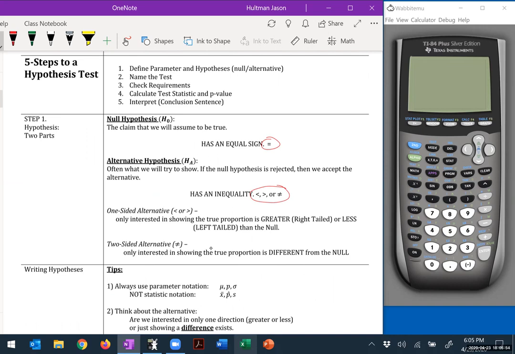If what's being asked is whether the proportion or the mean is greater than, we use the greater than symbol. If it's less, we use less than. If it's different or changed, we use not equal. All we're looking for is a change; we don't know if it's positive or negative.